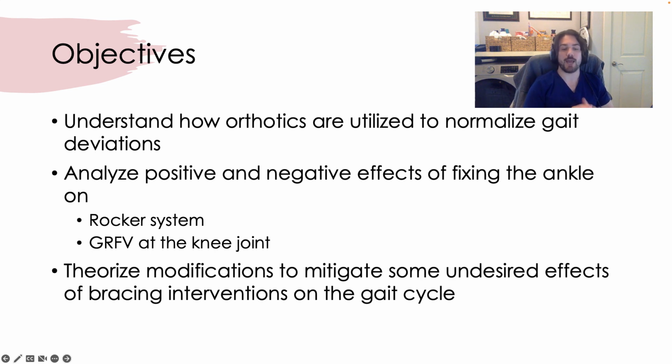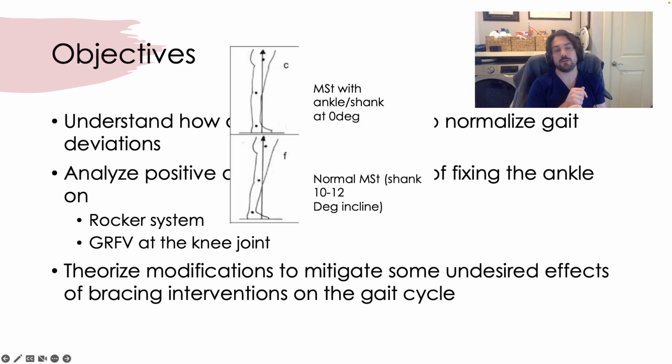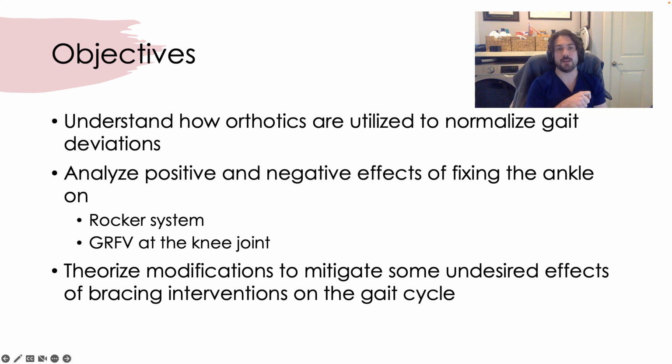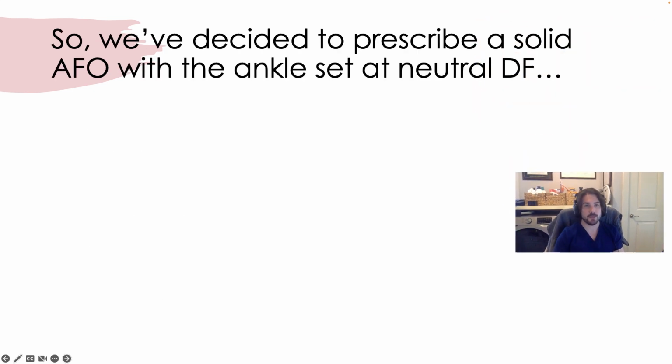How does adding in an orthotic change our rocker system, and how does it change the ground reaction force vector at the knee joint relative to normal gait? And then we are going to theorize some modifications to mitigate some of the undesired effects that come with our bracing interventions on the gait cycle. So let's go ahead and jump in.